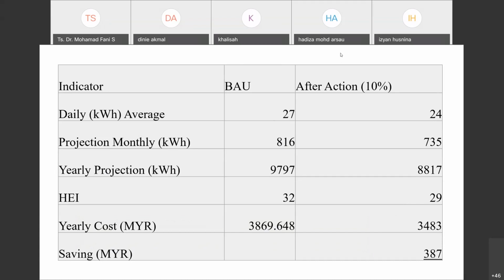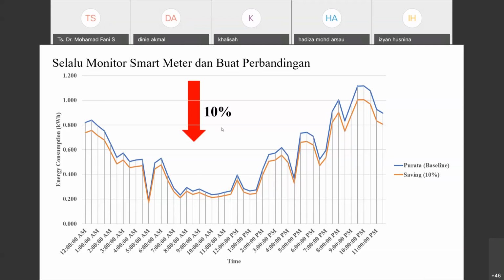That one is the baseline. After action, if there's the 10% saving, calculate the saving per year and forecast this one. The blue line is the baseline, and after saving 10%, you can get this one.